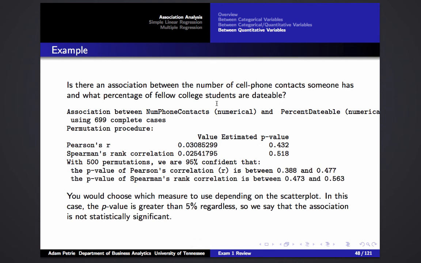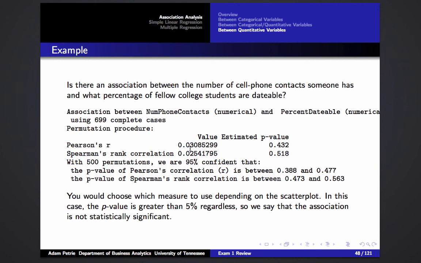So what we end up doing is, after running associate, we look at the values of Pearson's correlation and Spearman's rank correlation. We choose which one we're actually going to use to do the test based on the shape of that scatter plot. So Pearson's correlation if that scatter plot looks elliptical and the trajectory is well described by a straight line, and Spearman's rank correlation otherwise, as long as the stream of points is monotonic.